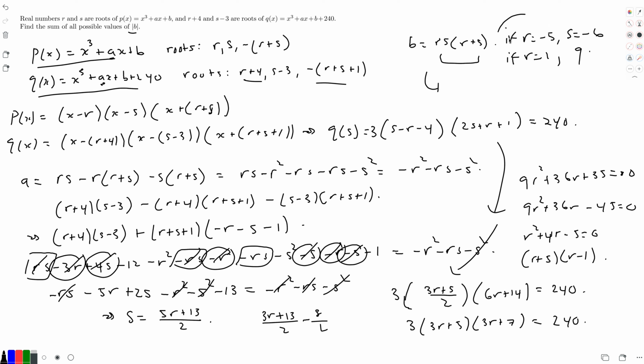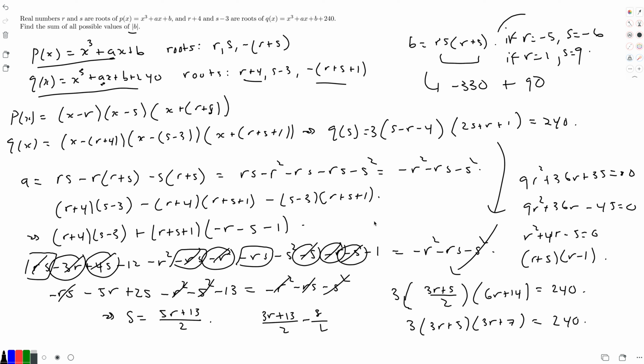If we plug in this first thing, we get 30 times negative 11, negative 330. Good. And then now if we plug in 1 and 9, we get 9 times 10, 90. 9 times 1, 9.